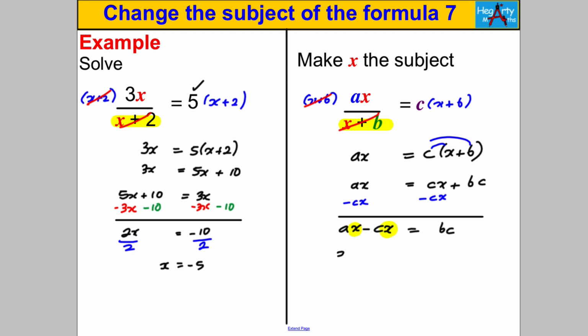That's right, factorize out that x, and you'd get a subtract c is equal to bc. And I'll divide both sides by a subtract c in order to get that x all by itself, and I'll have x is therefore bc over a subtract c, and I'm done. I made x the subject of the formula in that really difficult case there.